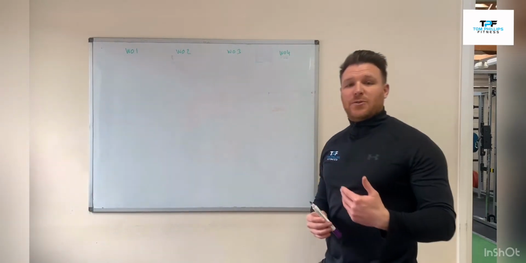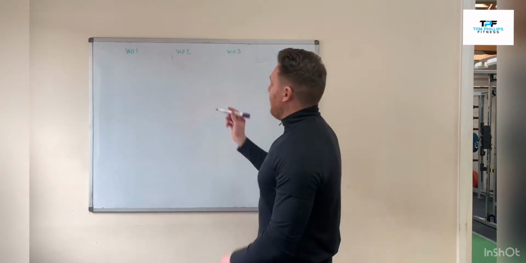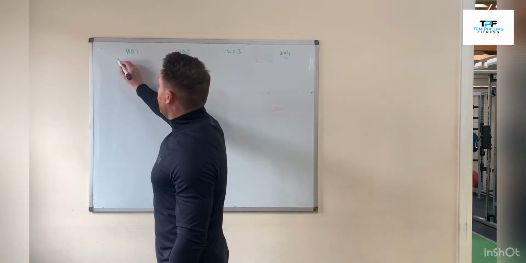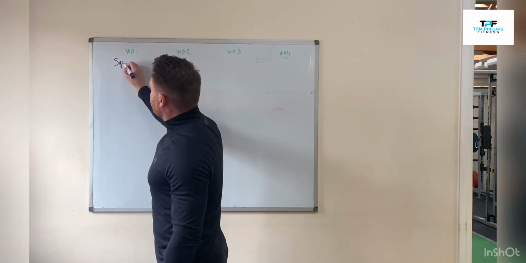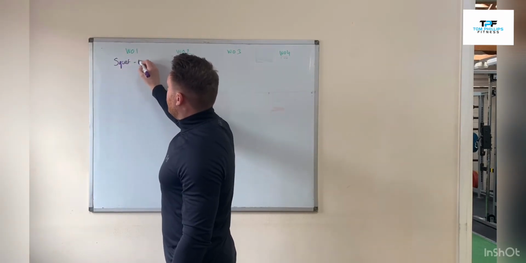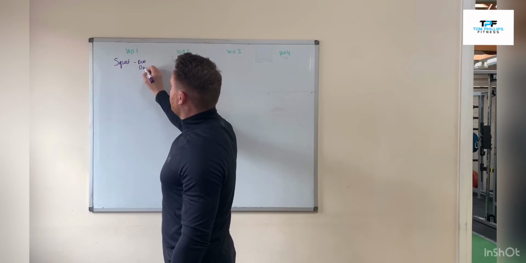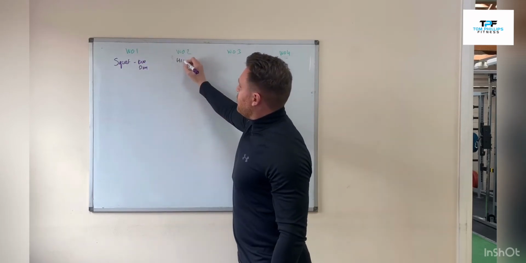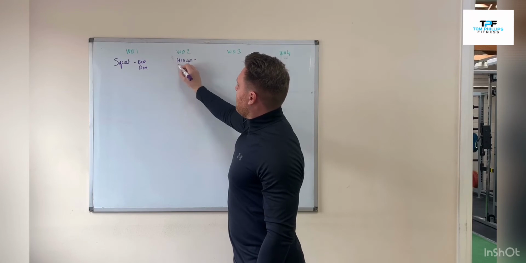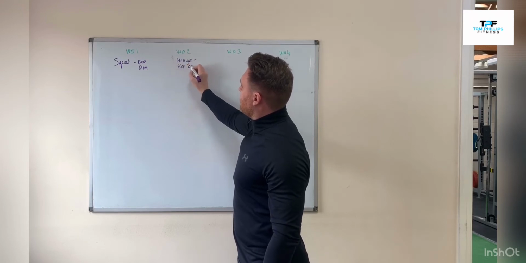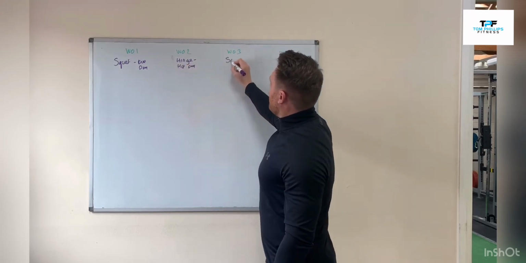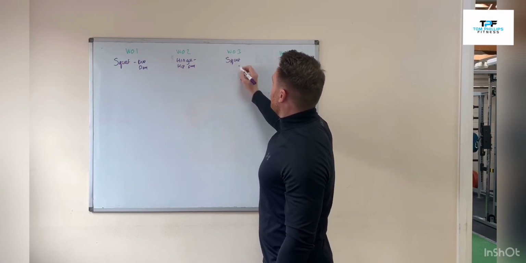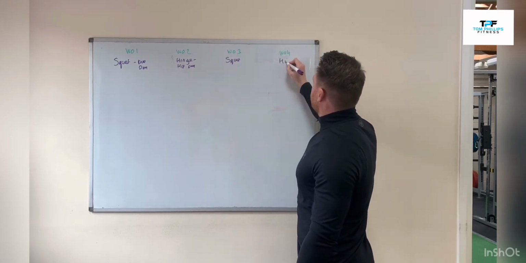We've got the basics which we must have in our program. That could look something like a squat, which is a knee dominant movement, and a hinge, which is hip dominant. Then squat again, and then a hinge.